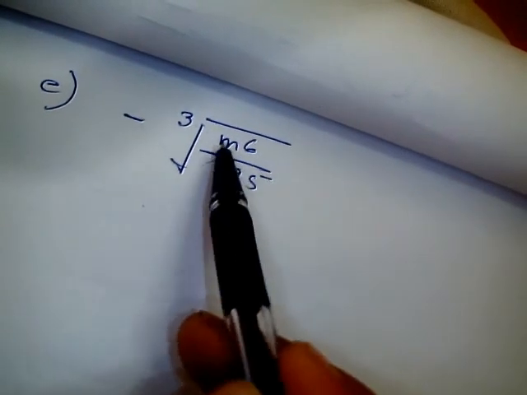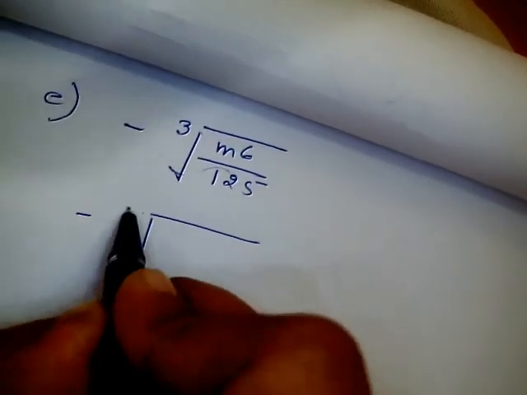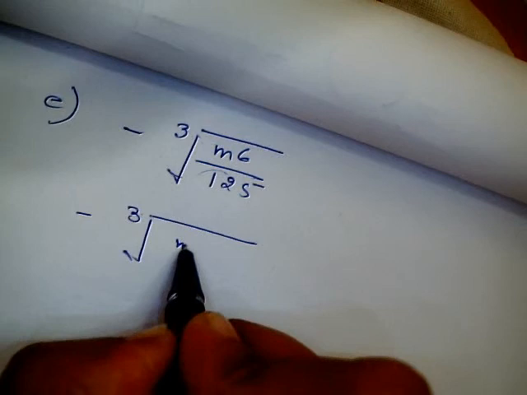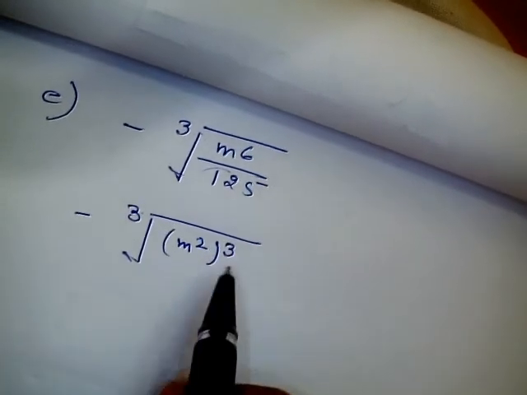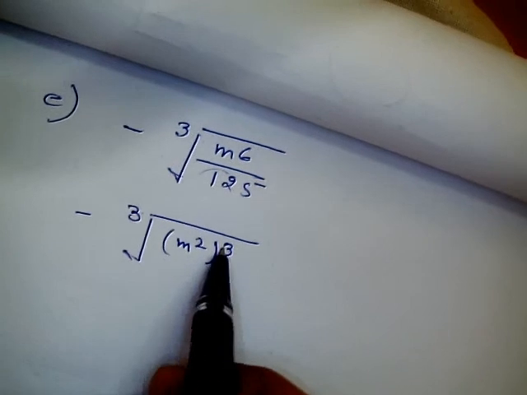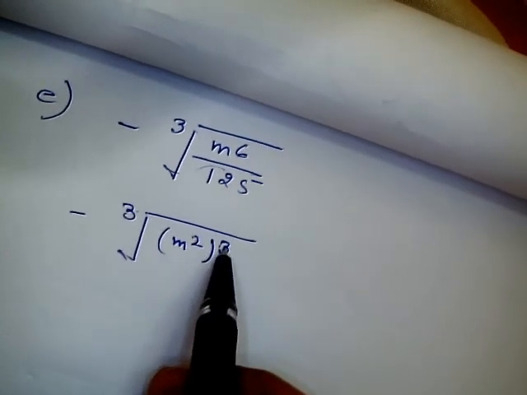This is power 6. Because the power is 6 and we need 3 outside, inside I am going to keep 2 and outside 3. In the denominator we can write 5 times 5 times 5.